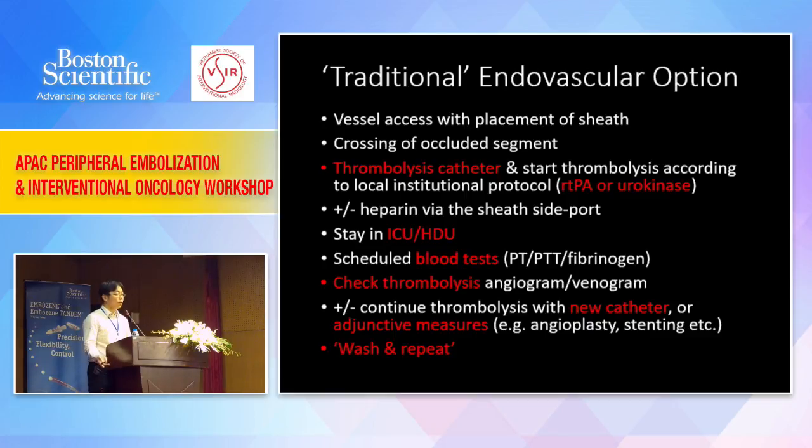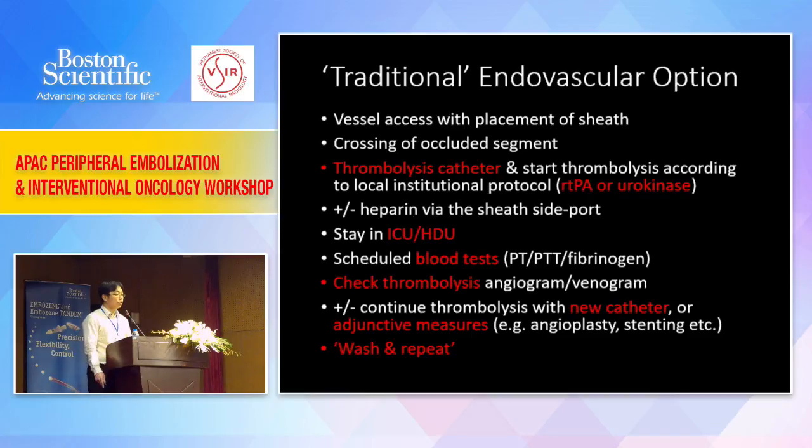You may want to give some heparin via the sheath side port. Unfortunately, the patient then needs to stay in the ICU or high dependency unit and not the general ward. They need to be monitored quite closely because of the risk of bleeding. The patient needs scheduled blood tests, which means they get poked multiple times during the time that you are looking after them.